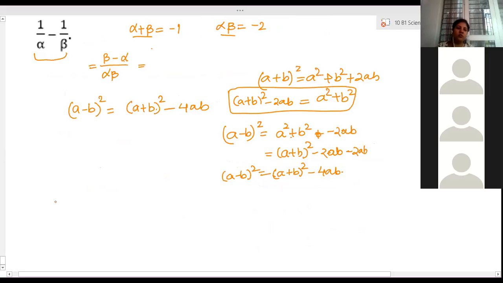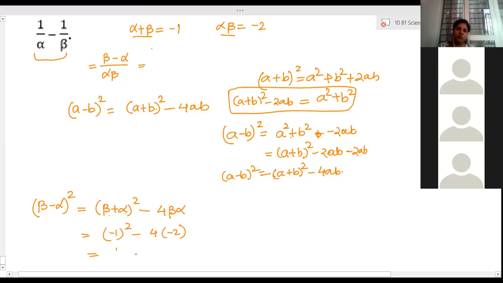Now you have to calculate beta minus alpha, but we will first calculate the square of it. Beta minus alpha whole square is beta plus alpha whole square minus 4 beta alpha. So we have the value of beta plus alpha: minus 1 whole square minus 4 into minus 2.